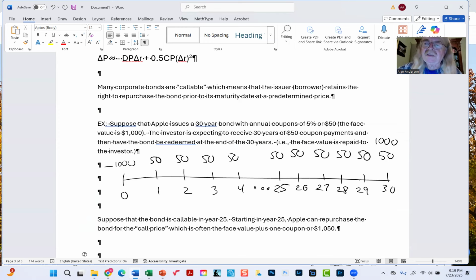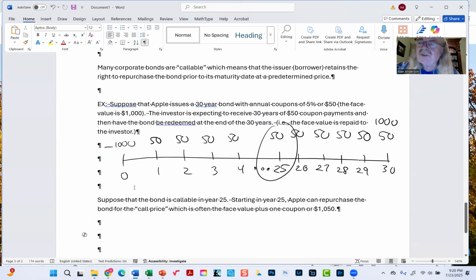So they could come along and say, listen, starting year 25, we're going to just give you your $1,000 back plus another $50 coupon, and that's it. The bond is no longer in existence. So what that means is you're not going to get those last 5 years worth of coupons.